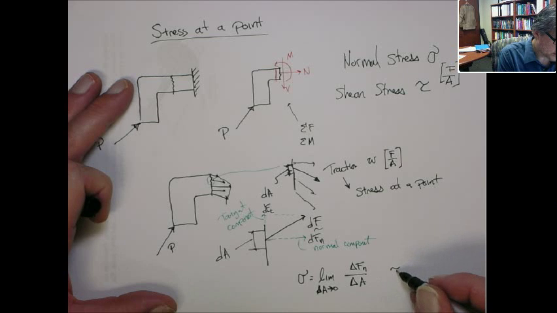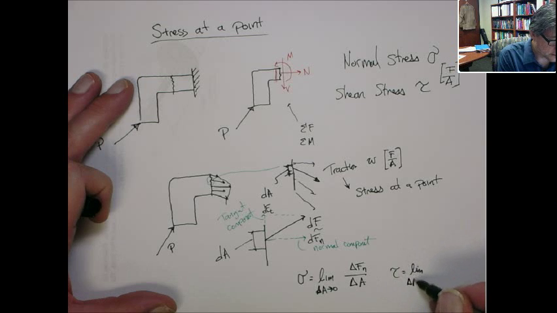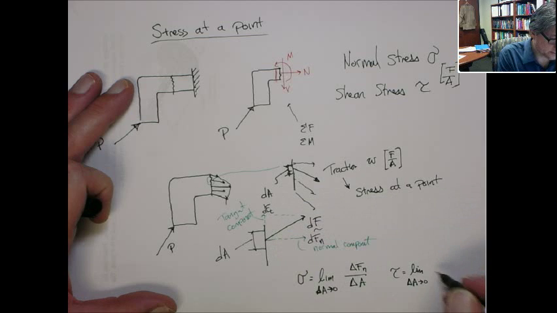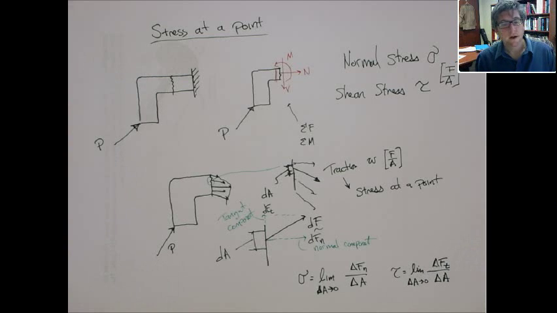And then the shear stress is the limit, same concept, but instead of looking at the normal component, we're looking at the tangent component. So this stress, in 2D, has two parts, the normal and the shear components.